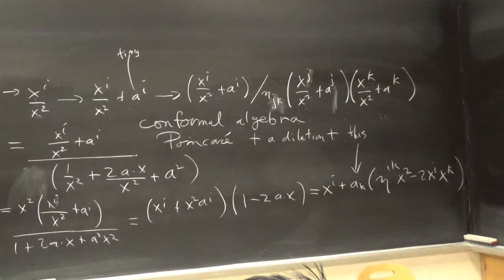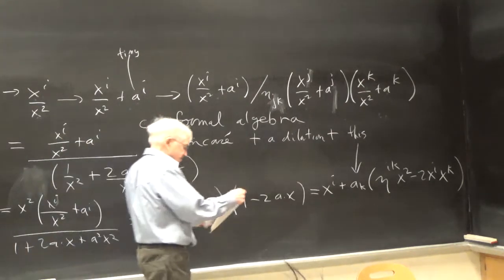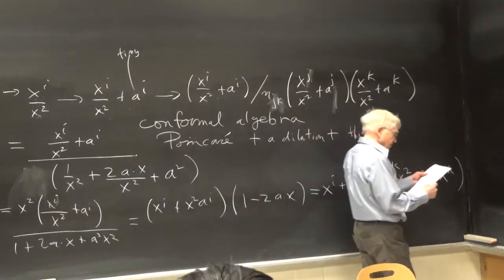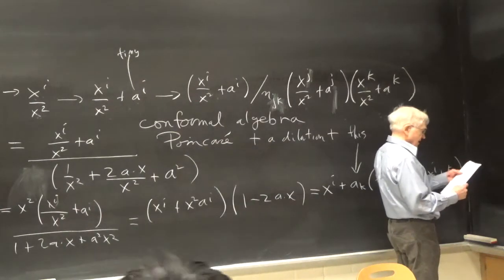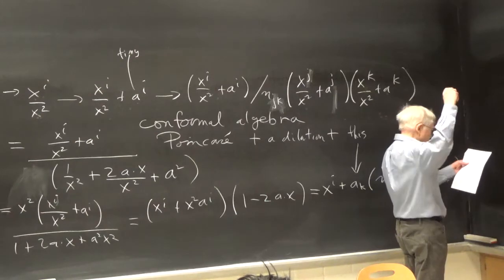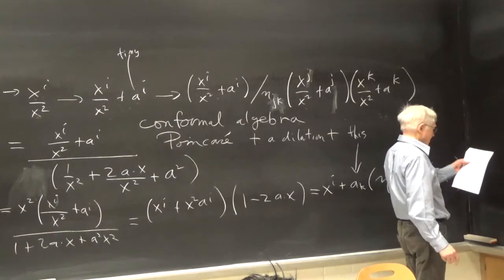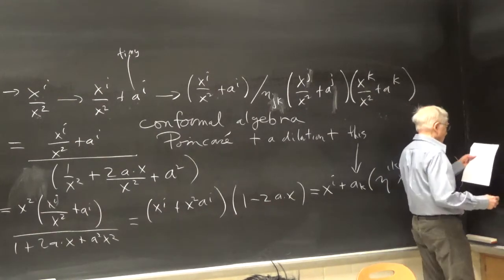I've got so many equations on the board that, well, let me actually write it down, since here I do use equation numbers in my notes. I'll put this on the webpage this afternoon.